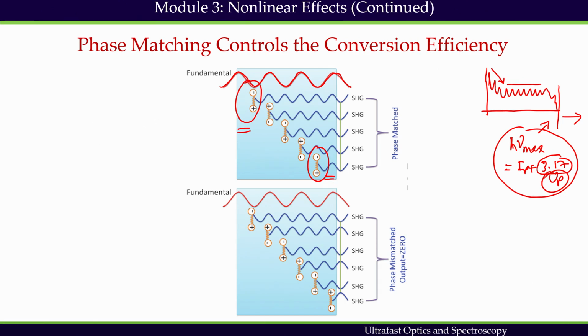Each dipole will produce its own emitted field, and that is the SHG field. If these SHG fields are in phase, then we say phase matching is achieved, and we get higher conversion efficiency. We see the new beam, new light generation.